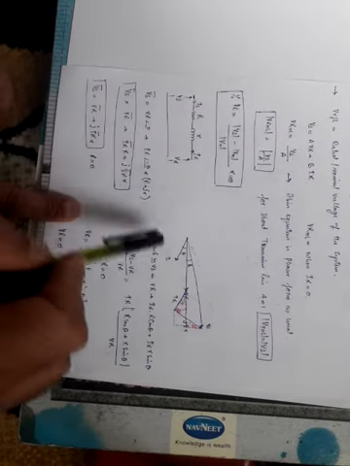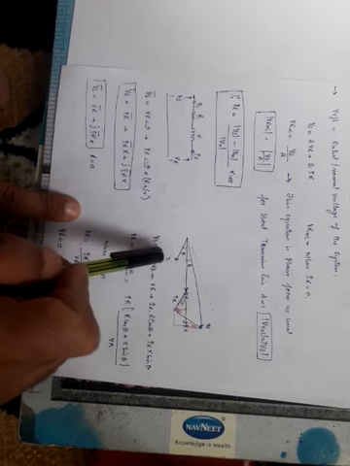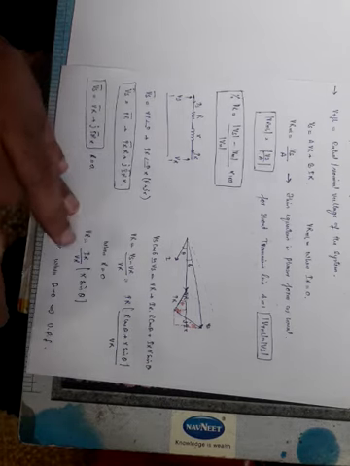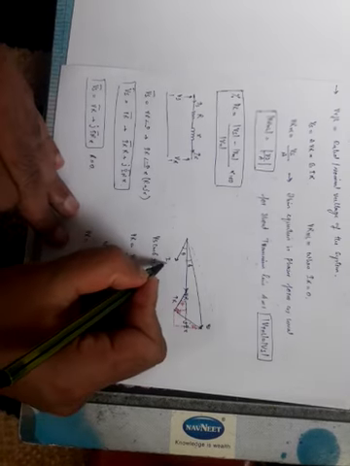So from this I have drawn the phasor diagram for this case, where I assume one thing, that the load current IR is lagging this VR.